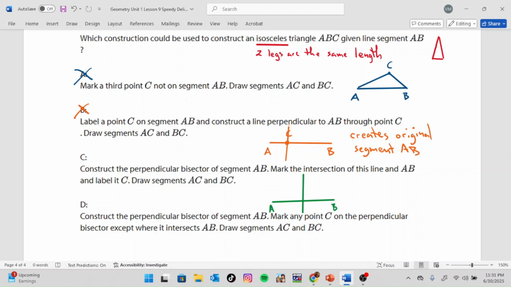Mark the intersection of this line and AB, this point right here in the middle, and label it C. Draw segments AC and BC. Again, that just creates the original segment. So C is wrong.